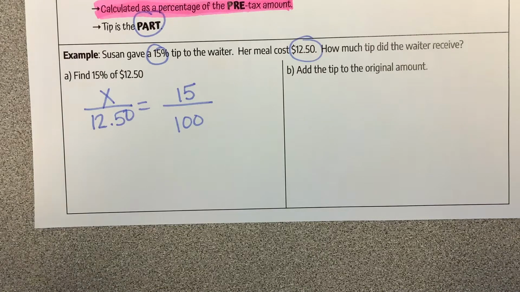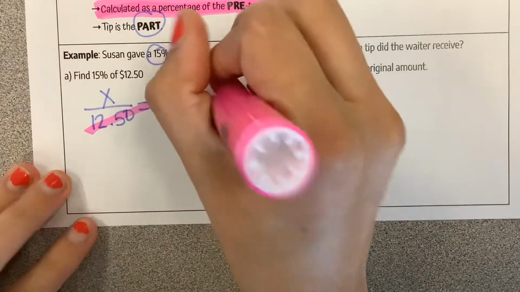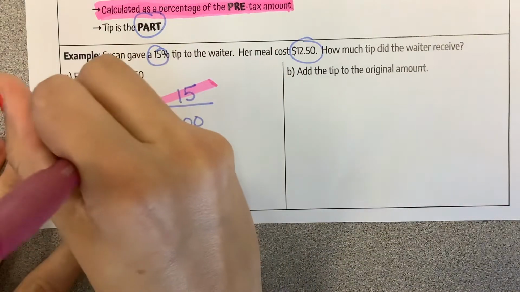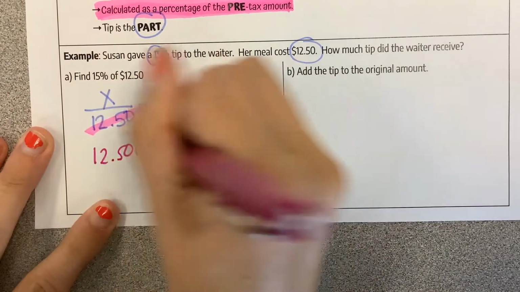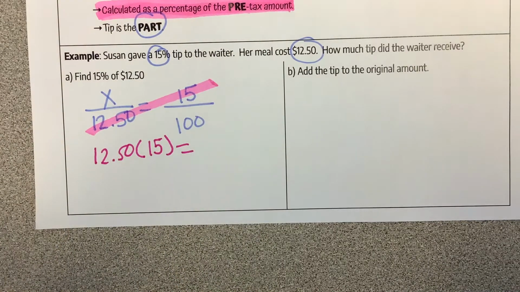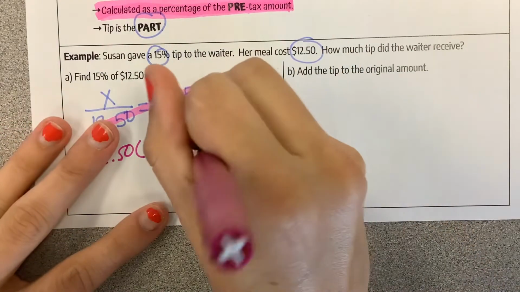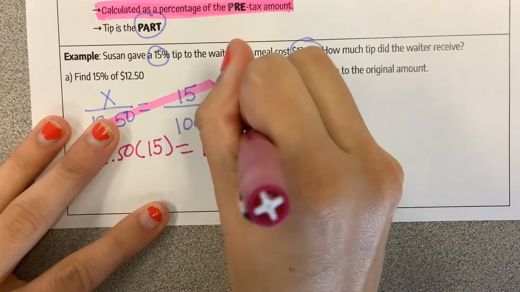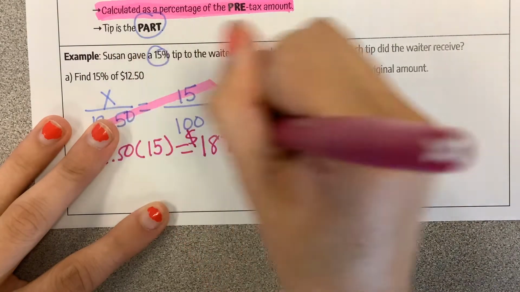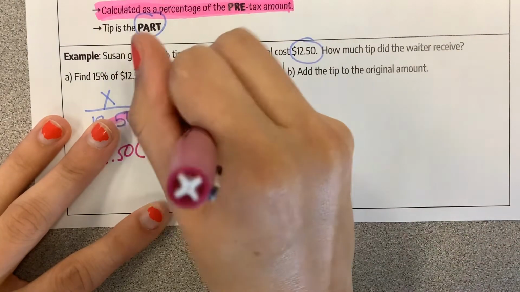So again, when we solve, we multiply the two numbers in the same diagonal. So we're doing $12.50 times 15, which gives us 187.5.